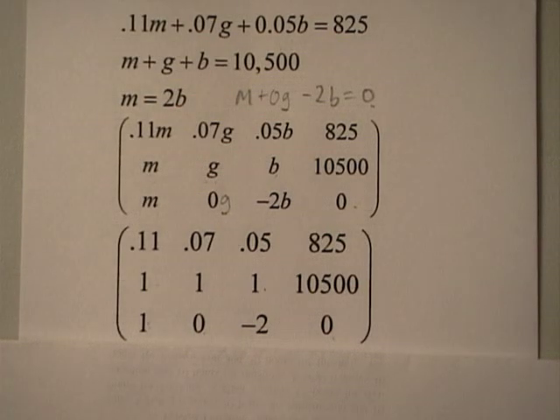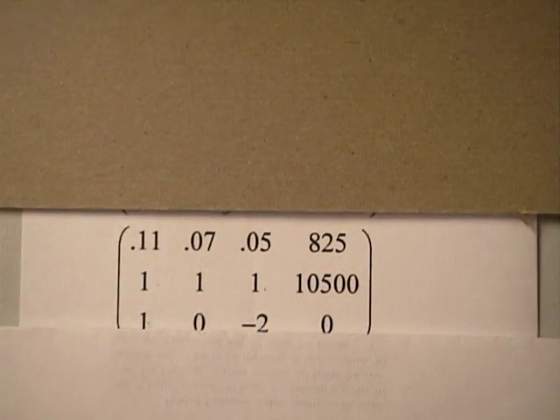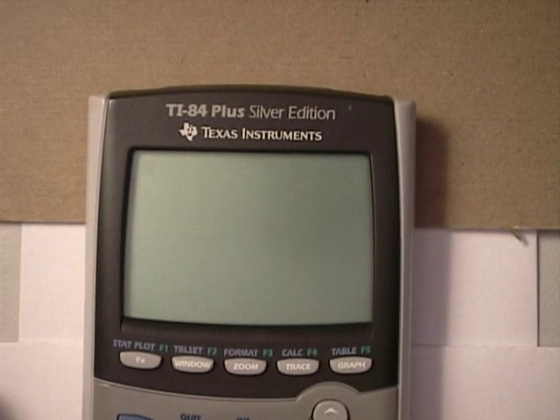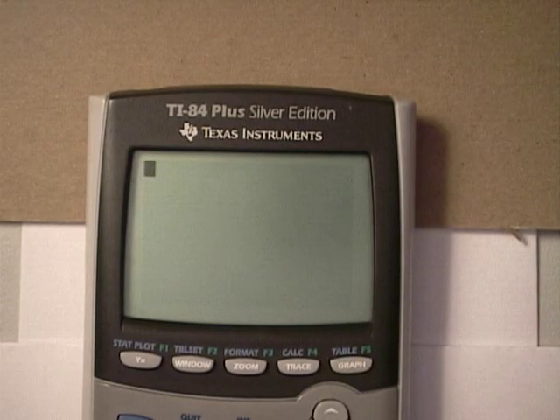Okay, and now the question is, what are we going to do to solve this? I'm trying to concentrate just on the matrix that's right here. And the answer is, we're going to use our calculator. In any book, they will show you how to do row reduction methods to get it into something called echelon form.